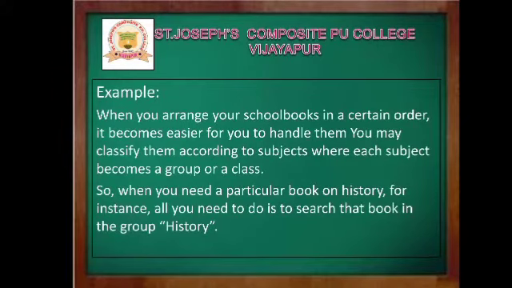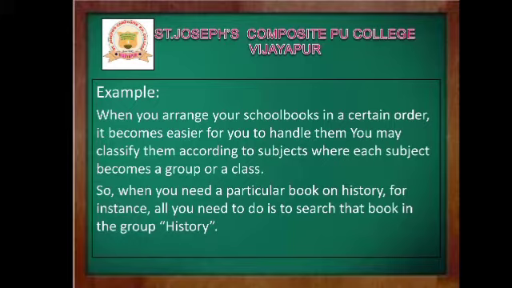Okay students, now let me discuss this with the help of an example. Take for example, when you arrange your school books in a certain order, it becomes easier for you to handle them, and you may classify them according to subjects, where each subject becomes a group or a class. In your school books, there are various subjects, and each particular subject has its own books.